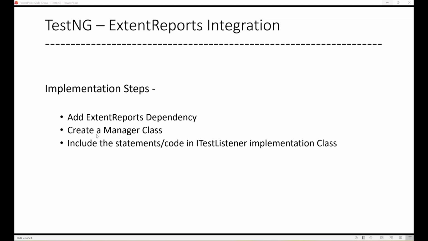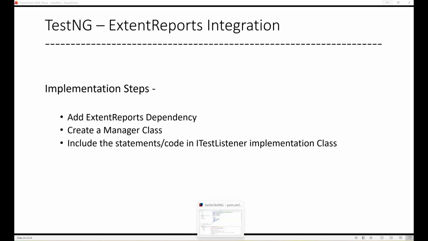The other one will be creating a manager class, in which we will be creating an instance of an extent report, how to create a test, track them, and so on. We will talk in detail when we come to that step. The final action includes adding or replacing a couple of statements in our ITestListener implementation class. Let's see these three steps one by one.